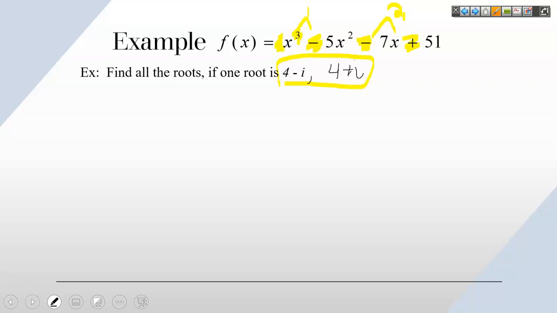Since I already know that 2 of my 3 roots are complex, at this point I know that there are no real roots then that are positive.